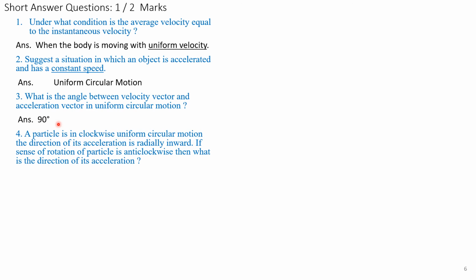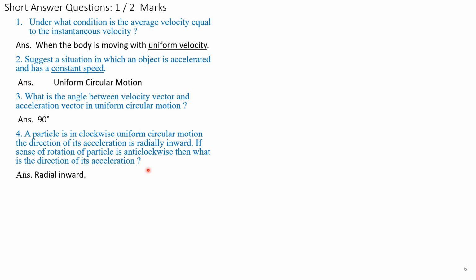Question number 4. A particle is in clockwise uniform circular motion. The direction of its acceleration is radially inward. If the sense of rotation of the particle is anticlockwise, then what is the direction of its acceleration?